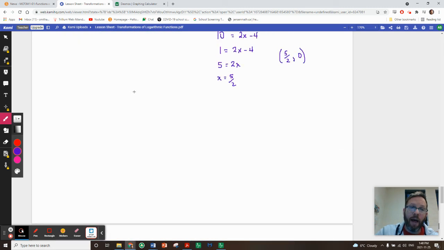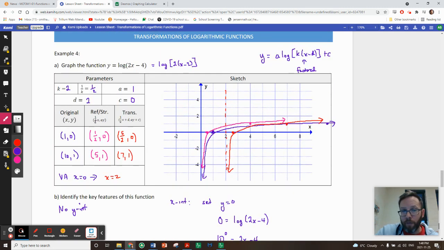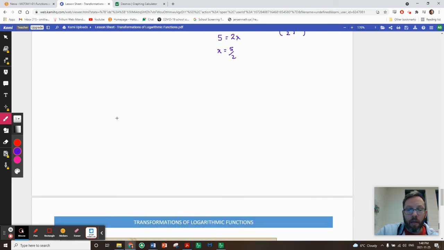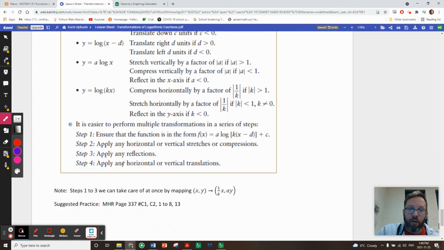We can take care of that by multiplying the x values by 1 over k and the y values by a. Then we can apply the translations in step 4. So I like doing steps 1 to 3 all at once. And again, that maps those points right to just using that transformation. It takes care of all the stretches and all the reflections, and then all you have to do is translate.